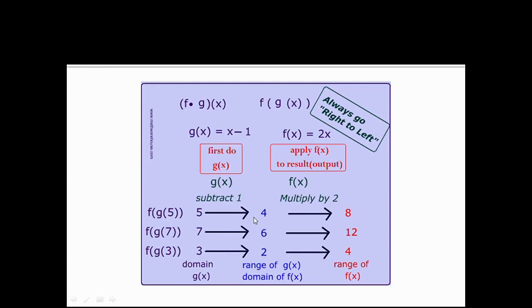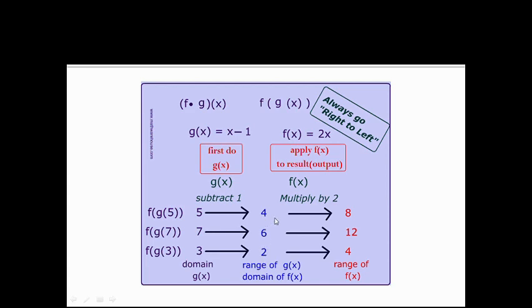But still we have to apply f on this g of x. So when we apply f, what will happen? Simply, in this function f, whenever we put any value of x, we get 2 multiplied by x. So here we have f of 4, f of 6, f of 2.